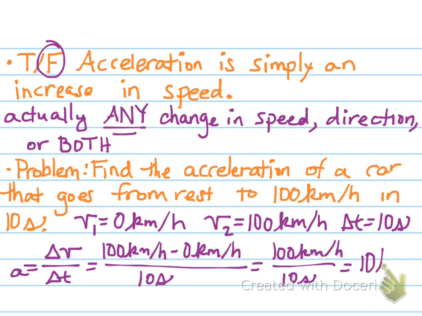So my answer is 10 kilometers per hour per second. And because it's acceleration and because velocity has a direction, we're just going to say its direction here is forward. It's accelerating 10 kilometers per hour per second.